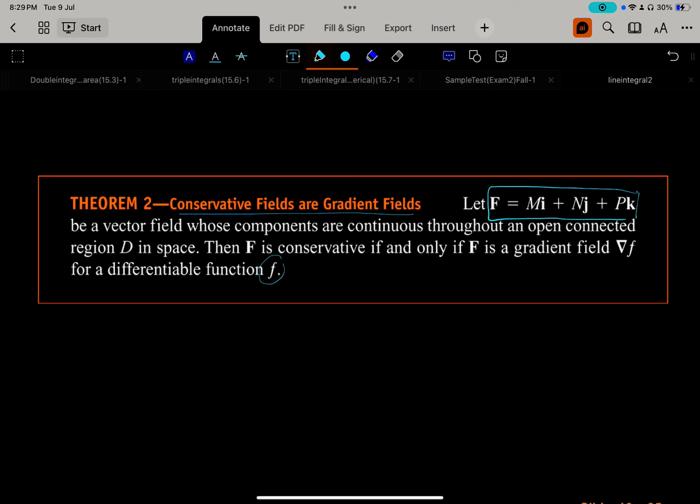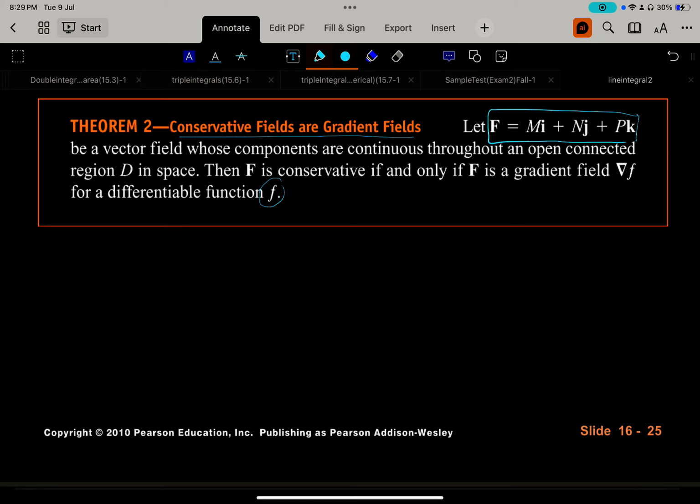So F is conservative only if there is a differentiable function f such that the gradient of f is equal to F. And that's our theorem.